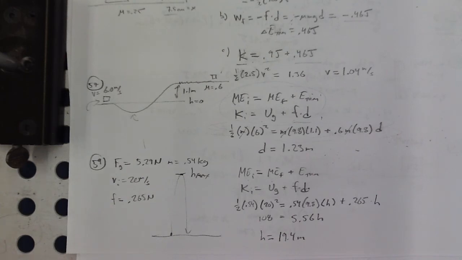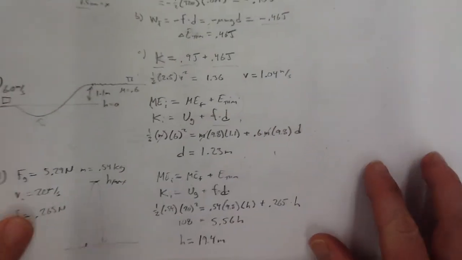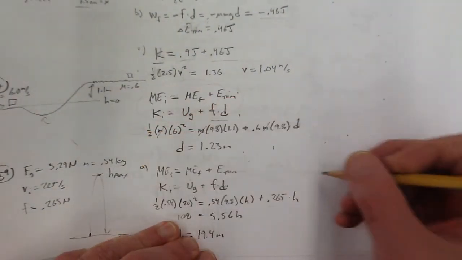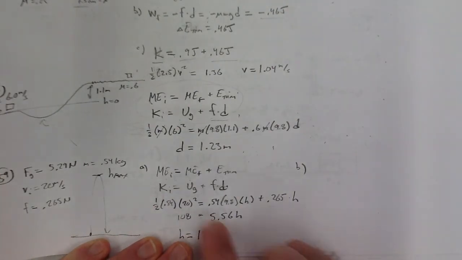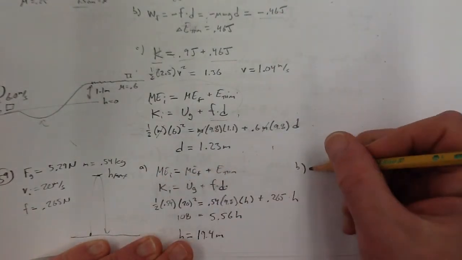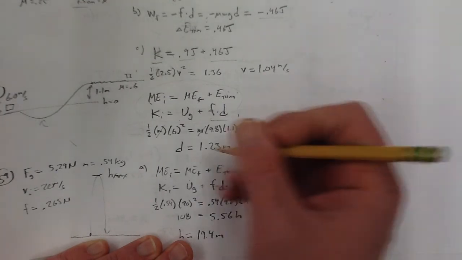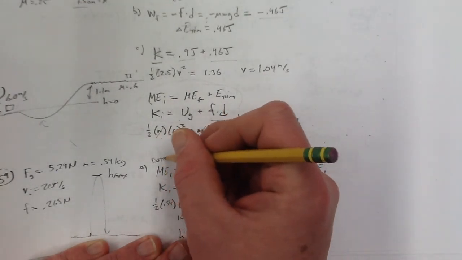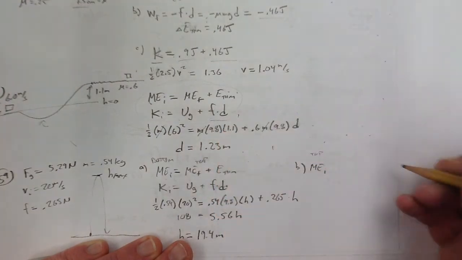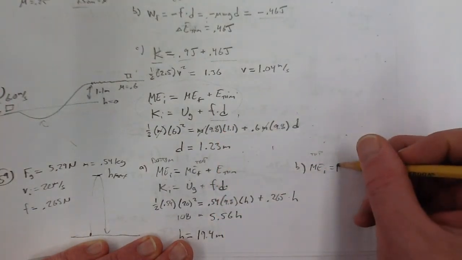And how about the maximum speed just before it hits the ground? Okay, so now I'm going to say that its initial mechanical energy is at the top. So this is from the bottom to the top. And now I'm going to go from the top back down.